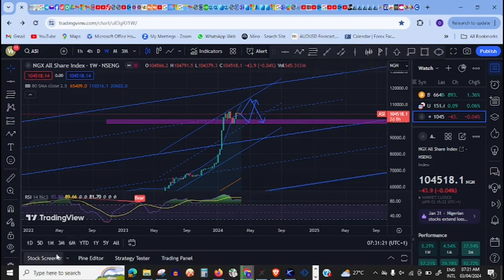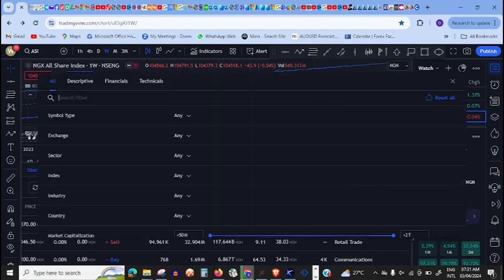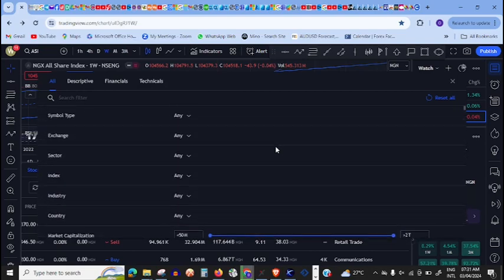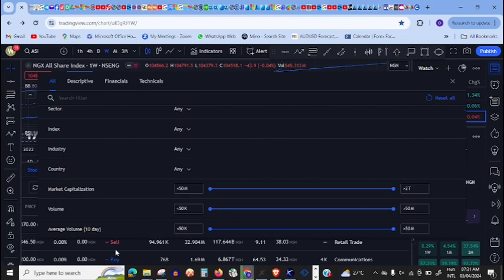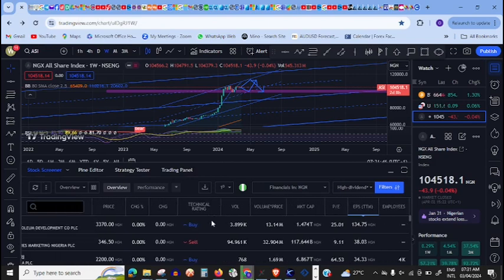So let's go into the stock screener. Let me screen for buy, and I'll screen for technical rating.